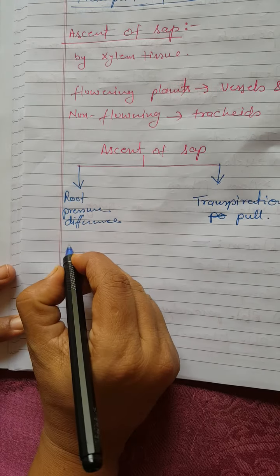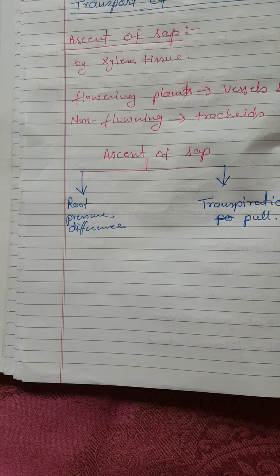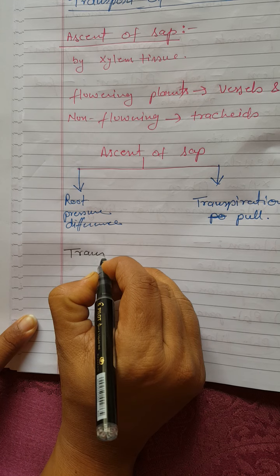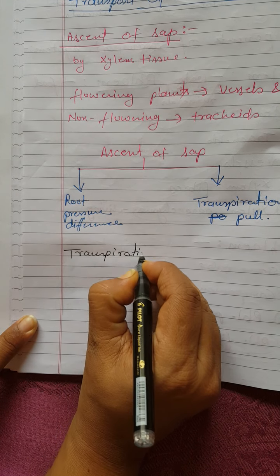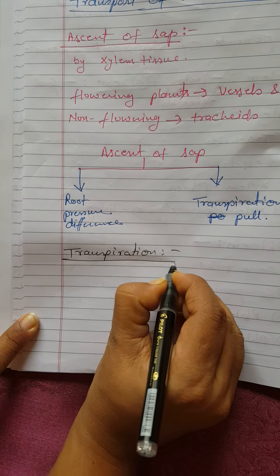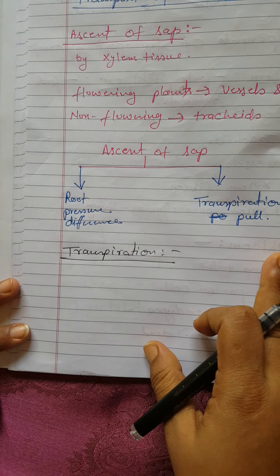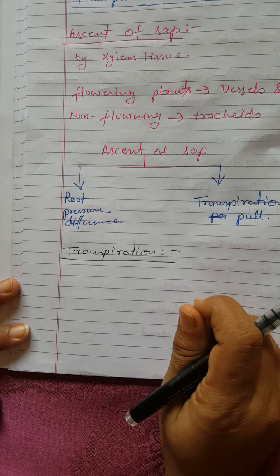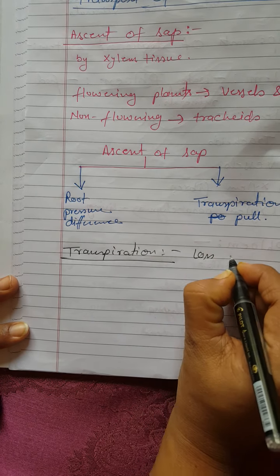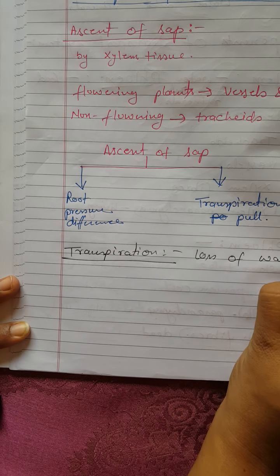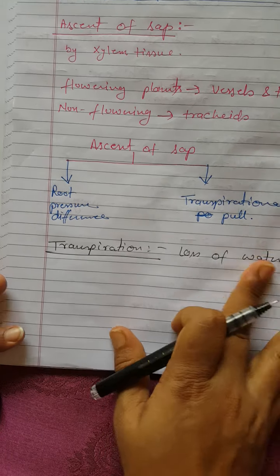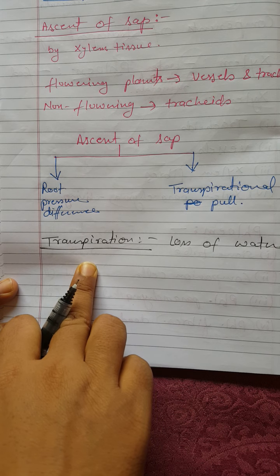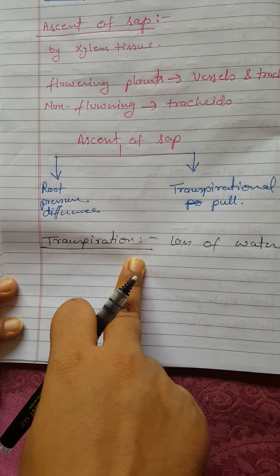So first I would like to explain one more thing, transpiration. Transpiration is the process in which the loss of water occurs in the form of vapor from the aerial parts of the plant. Loss of water from the stomatal pore in the form of vapor is known as transpiration.